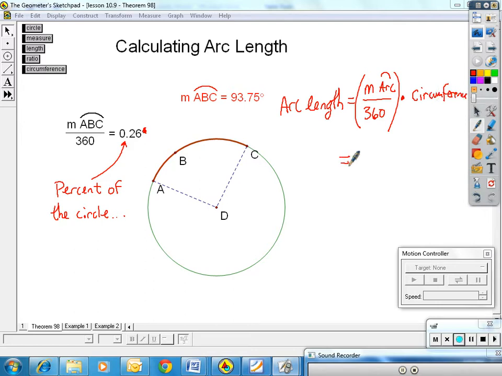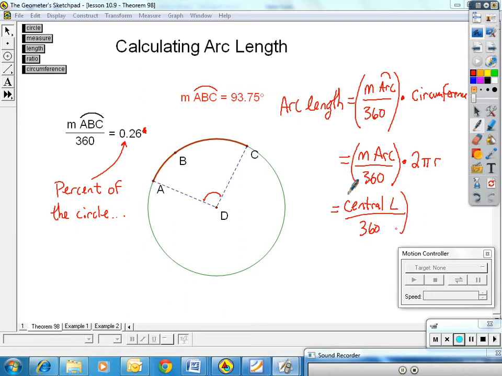So I could say that this way too: the measure of the arc over 360, multiplied by 2 pi r, because that is how we calculate circumference. We should also realize that the central angle has the same measure as the arc. Therefore, we could also write it this way: central angle divided by 360 multiplied by 2 pi r. That would work as well. Okay?